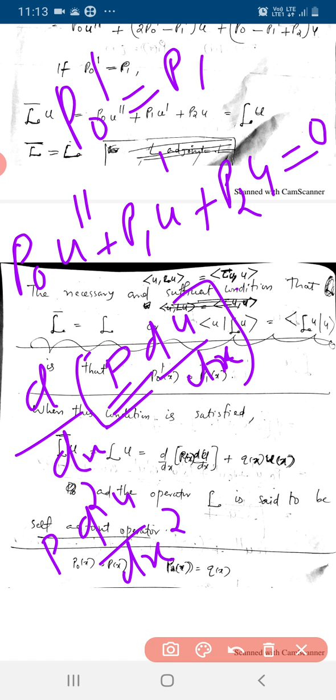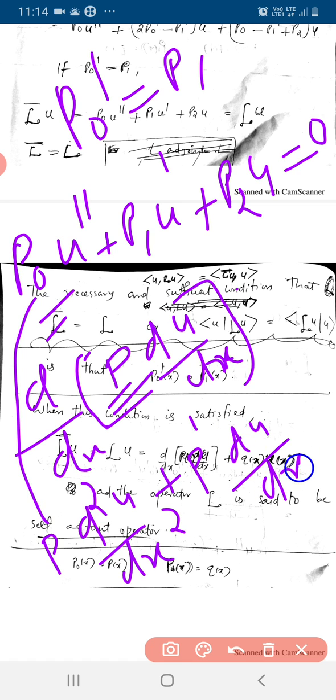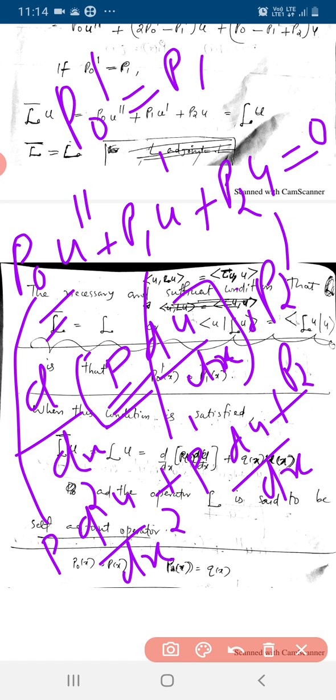So we have this P0. Then the next term will be P prime du by dx, which is P prime, our P1, plus that P2 term will also be there.